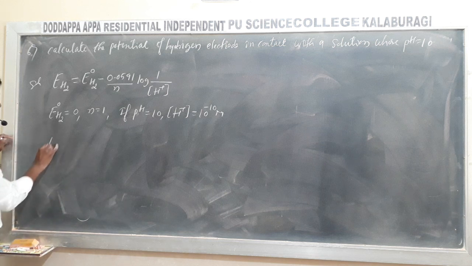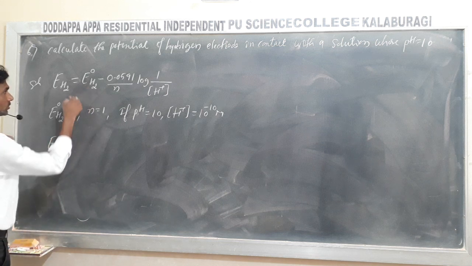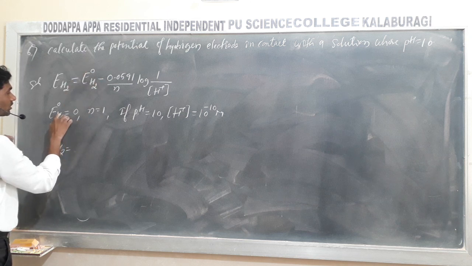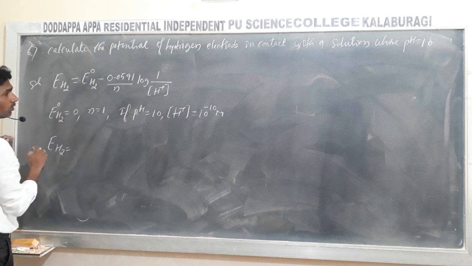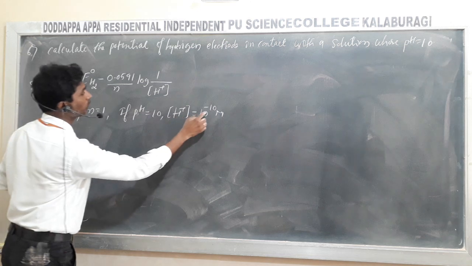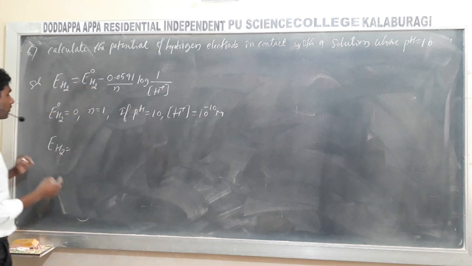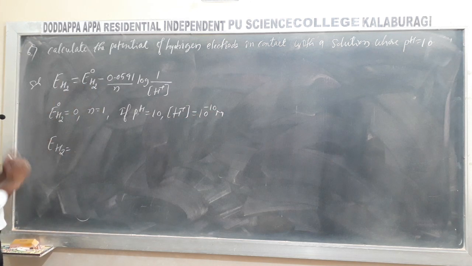Now E of hydrogen. For 1 molar concentration, E naught of hydrogen is 0. For 10 to the power of minus 10 molar concentration, what is the E of hydrogen? Now we are calculating.